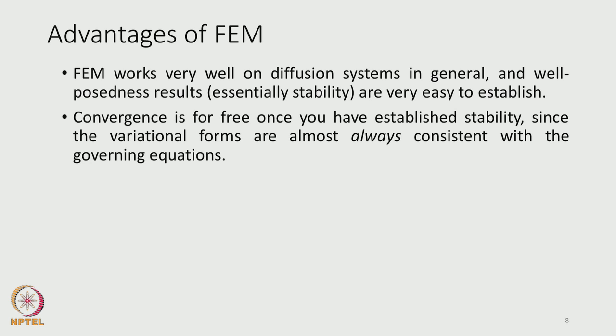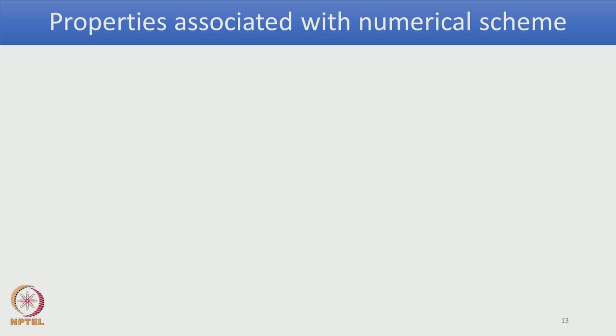So, once you ensure stability and consistency, then convergence is automatically satisfied. This is a major advantage of the FEM procedure. As I mentioned before, we are not going to talk in detail about the FEM procedure, that is done totally in a different course. Next, another important aspect: what are the properties associated with the numerical scheme?